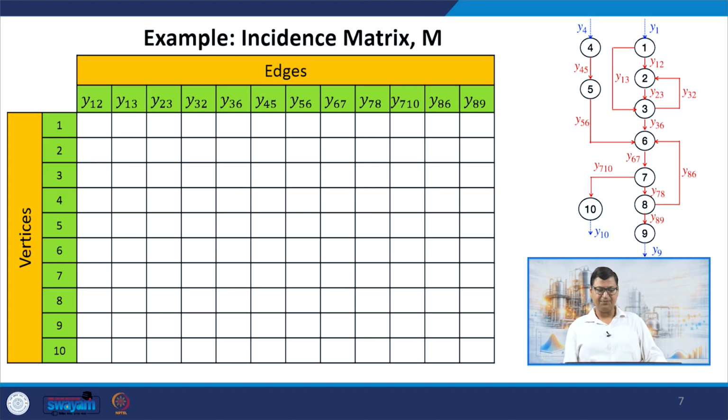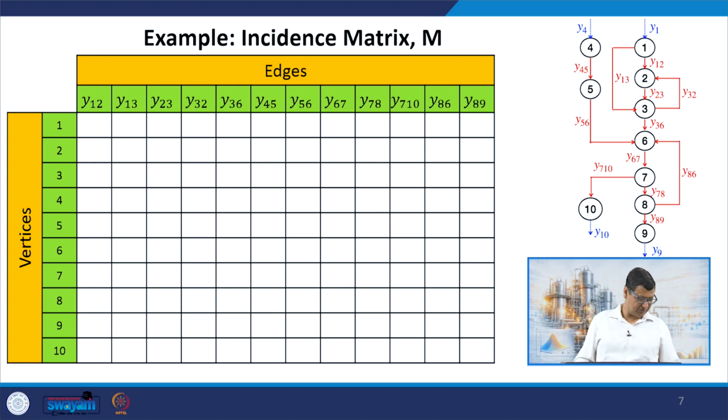So, how do we do it? As we have discussed earlier, for the edges, that is along the columns in the incidence matrix, we will put a -1 if it is an outgoing edge, and +1 if it is an incoming edge, and 0 if it is not connected to the vertex, right. So, y12, and now you can see it is very intuitive from the labeling that we have done.